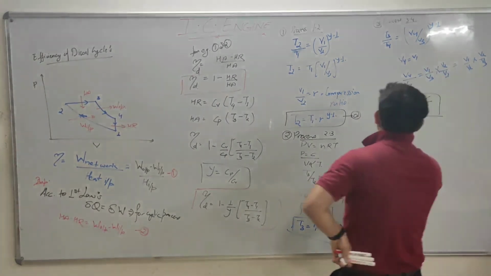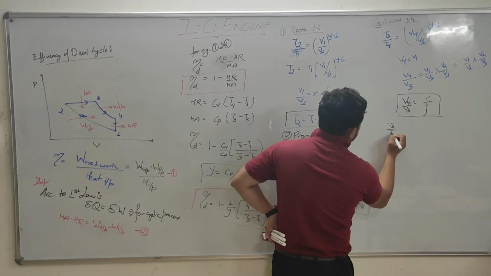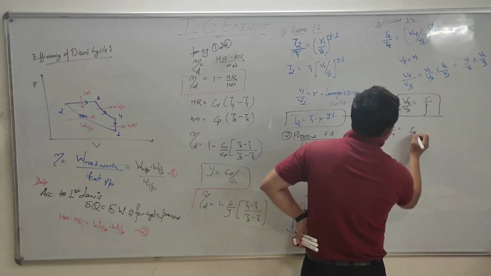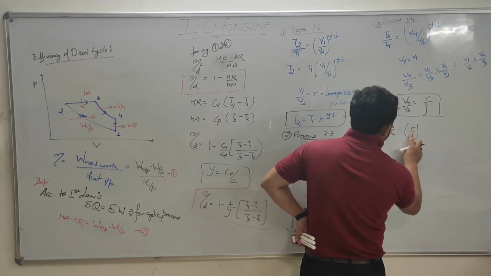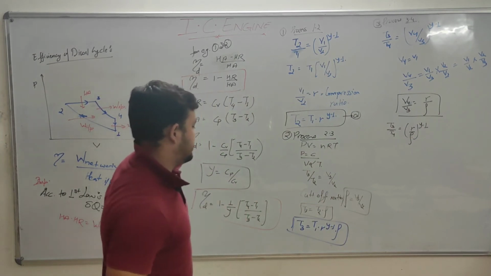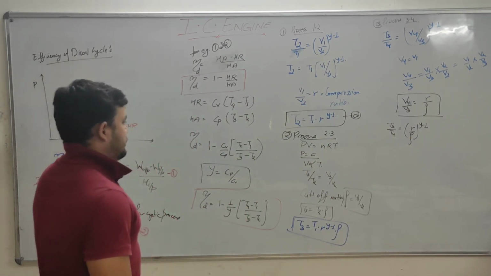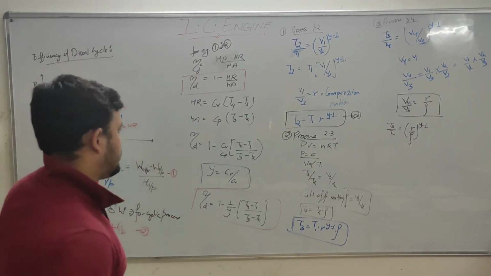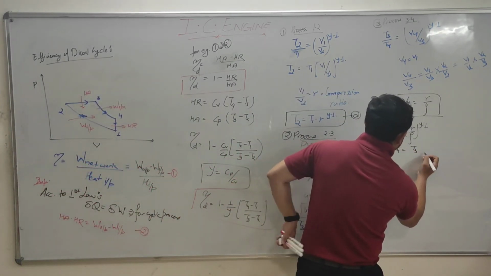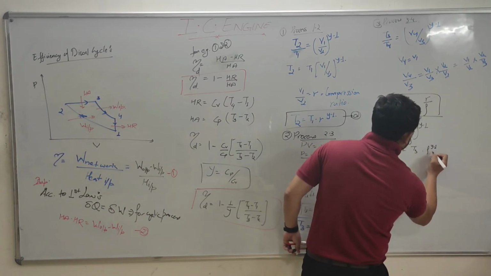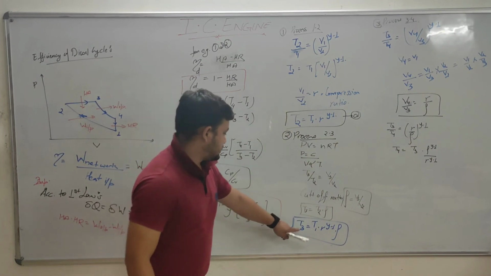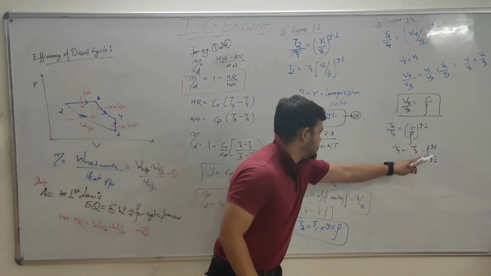Okay. So now we will get T3 upon T4 is equal to V4 upon V3, R upon psi to the power gamma minus 1. So then T4 is equal to T3 into psi to the power gamma minus 1 into R to the power gamma minus 1. Now put the value of T3 into this equation.